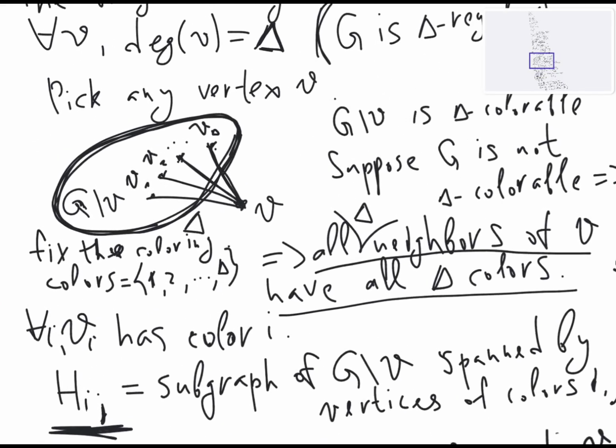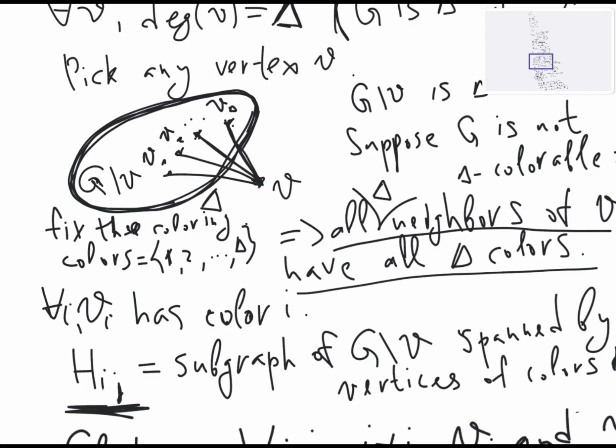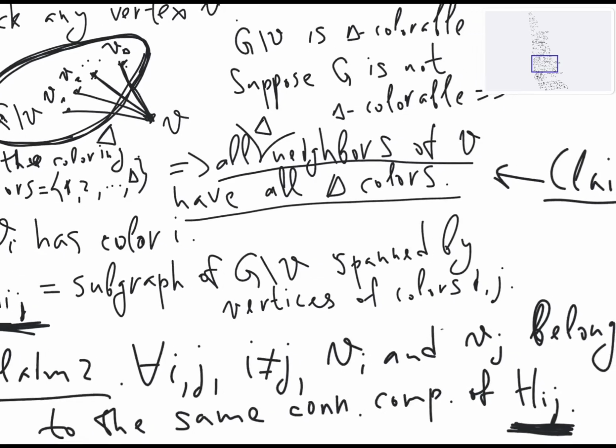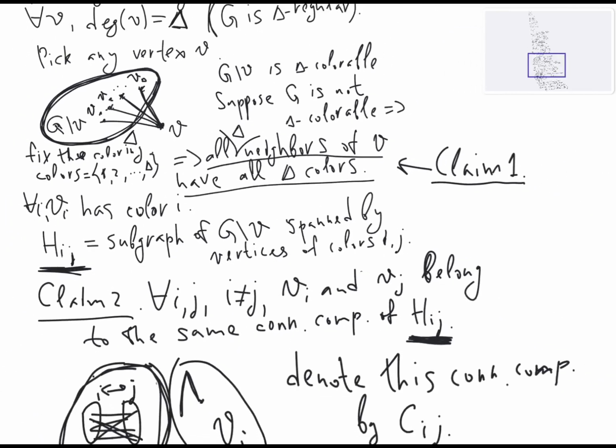So we return here to this original image. Now these delta vertices, two of them are now colored the same. So it's still a proper coloring, but two of these vertices are colored the same. So this creates a free color for V, and this is actually a contradiction to claim 1.